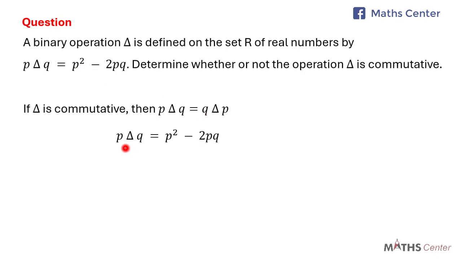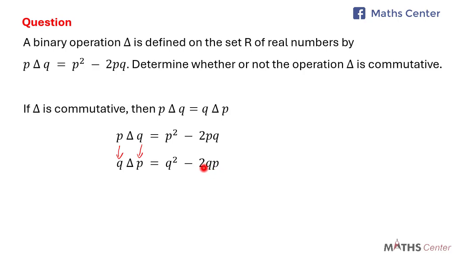From the question, we know that P delta Q is P squared minus 2PQ. We can find Q delta P. By comparison, we can see that P is Q and Q is P. And so Q delta P will be equal to Q squared minus 2QP.